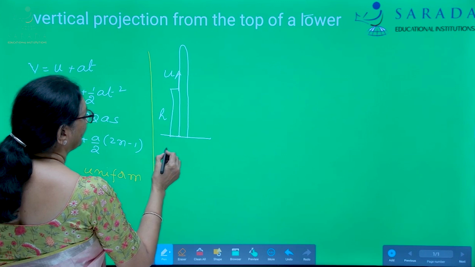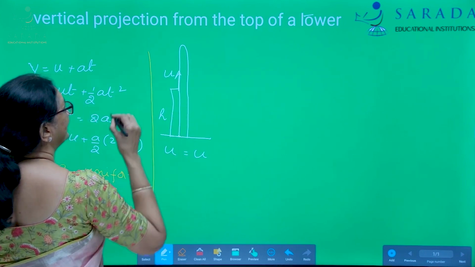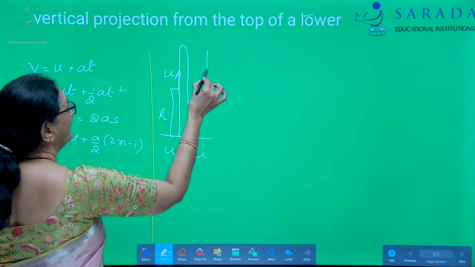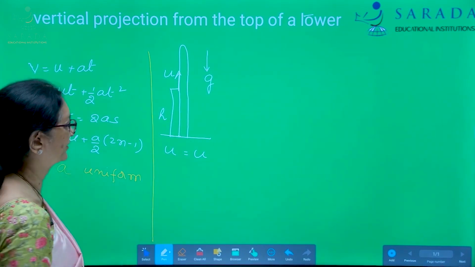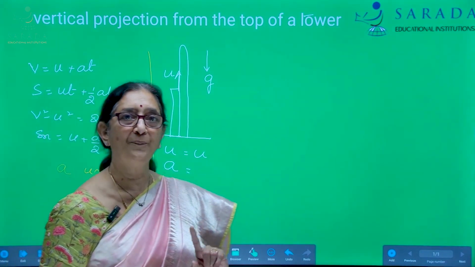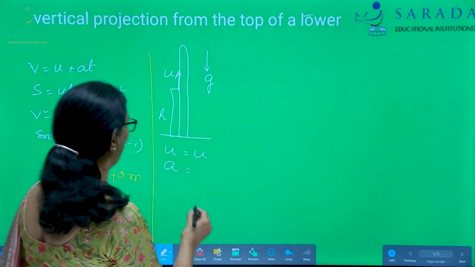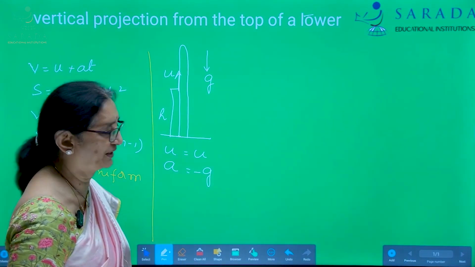Now, here the initial velocity of the body is u, in the upward direction. Always, acceleration due to gravity acts in the downward direction. As the direction of acceleration is opposite to that of the initial velocity, here a = minus g.